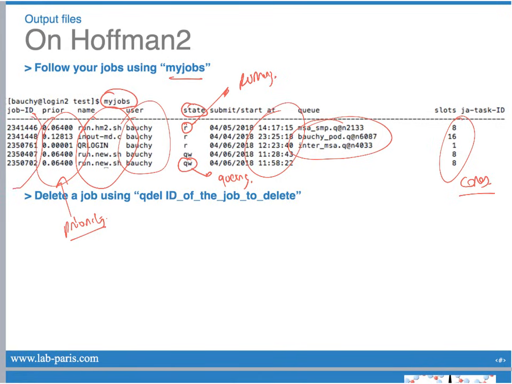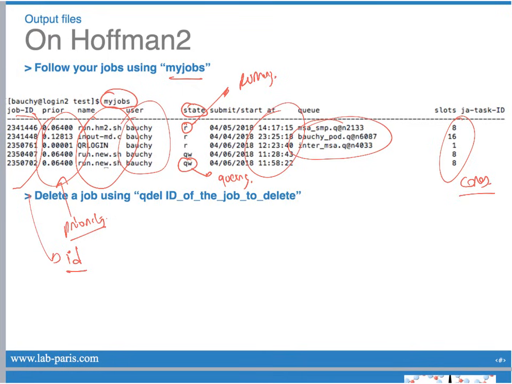And this here is the ID of each simulation. Every time you run a new simulation, every time you run a new job, it gets a new ID. Which is good in case you, for example, need to delete this job.